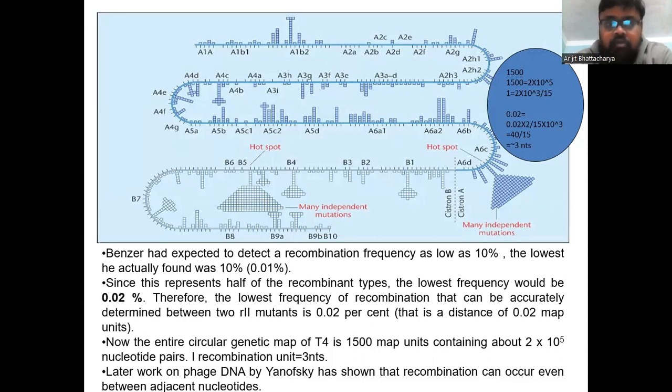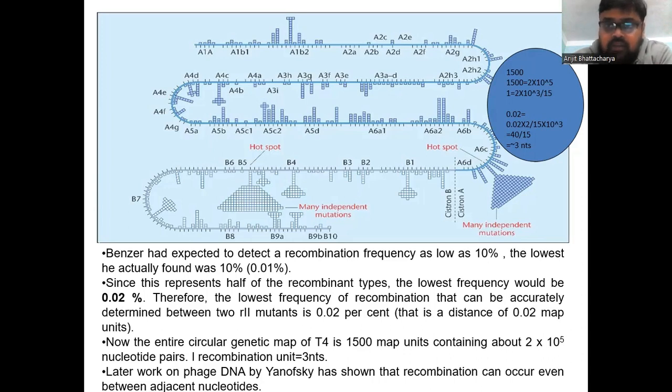Now, they performed some calculation to identify the minimum distance that is required for recombination. And they found out that as per their experiment, as we discussed in the previous slide, 0.1% was the number of wild type that they could detect.